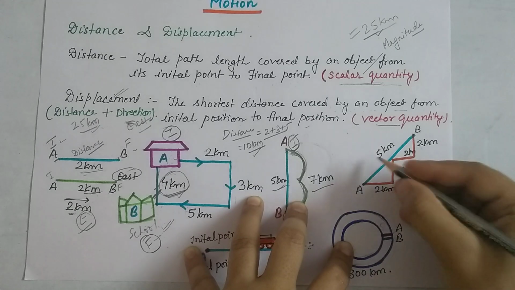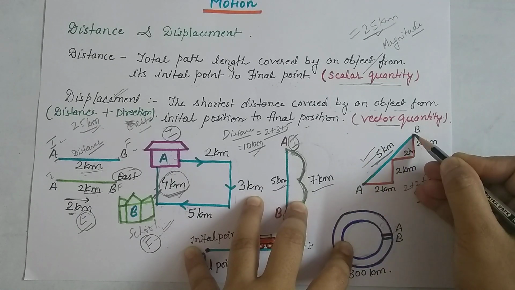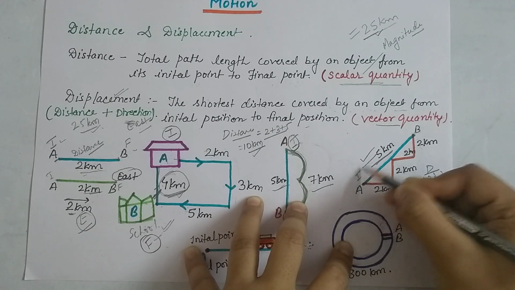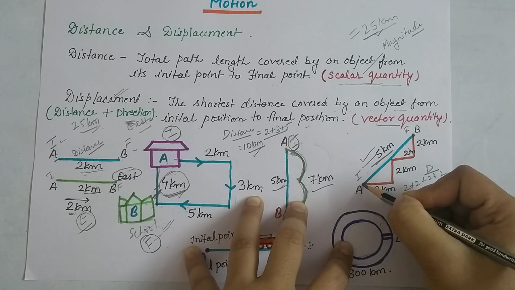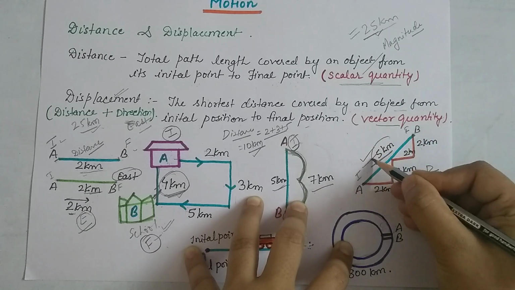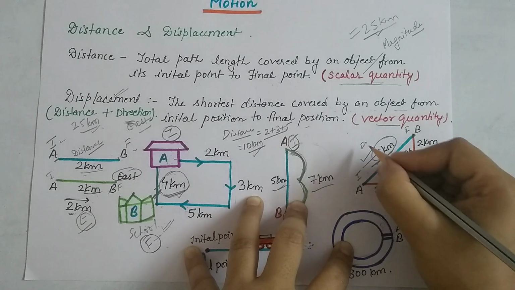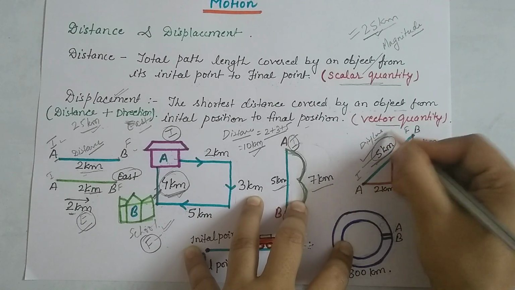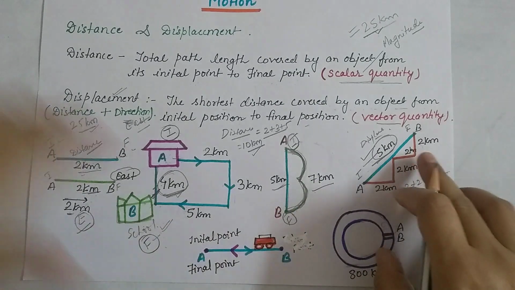But the displacement is 5 kilometer, because it is the shortest distance from the initial position to the final position. It shows the displacement, the shortest distance from initial to final point.